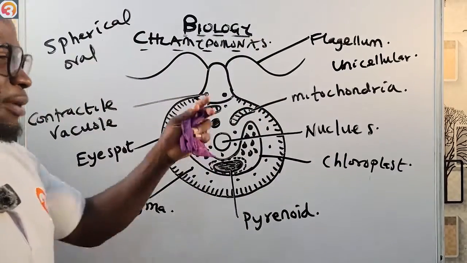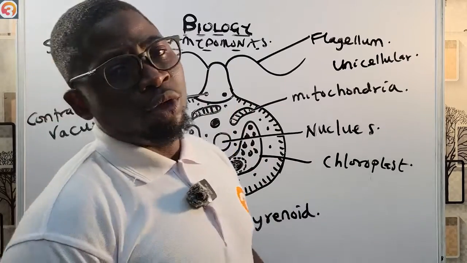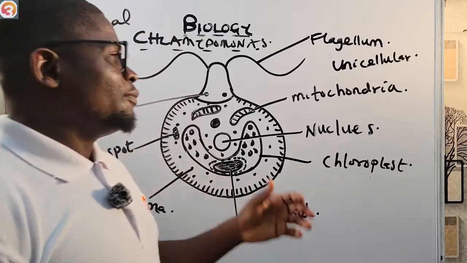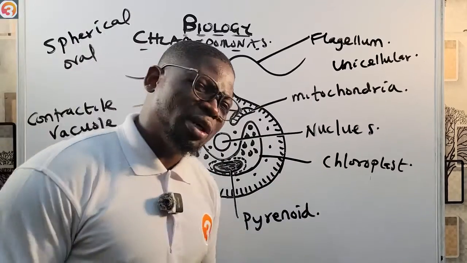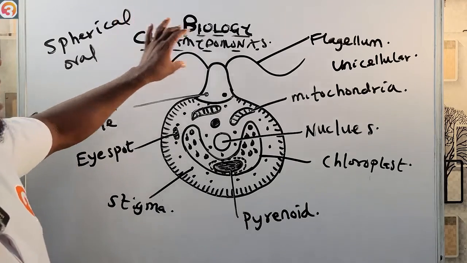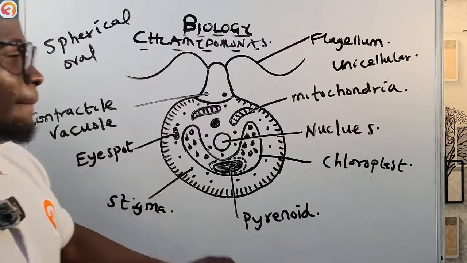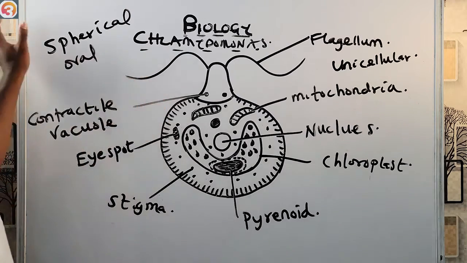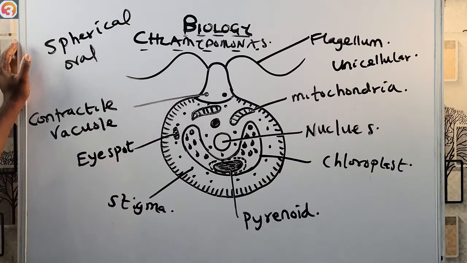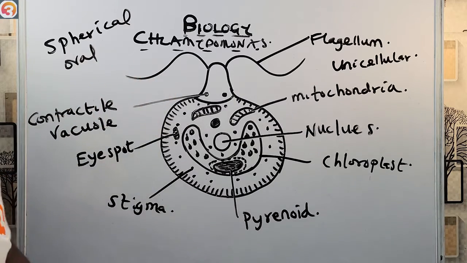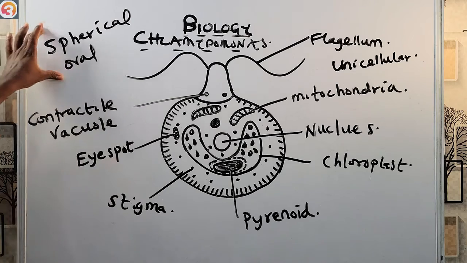We mentioned Chlamydomonas as an example, and also amoeba, Euglena, and paramecium. Those are unicellular organisms. So the Chlamydomonas is a unicellular mobile green organism. You can see the shape: it is roughly spherical in shape, or you can say it is oval shaped.